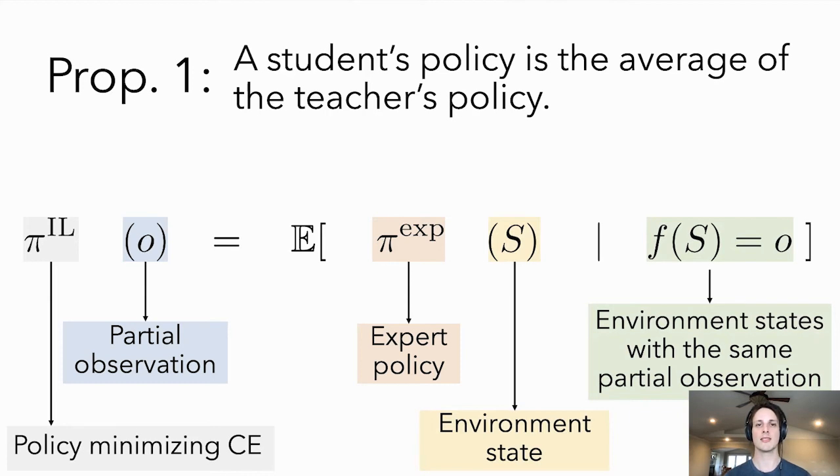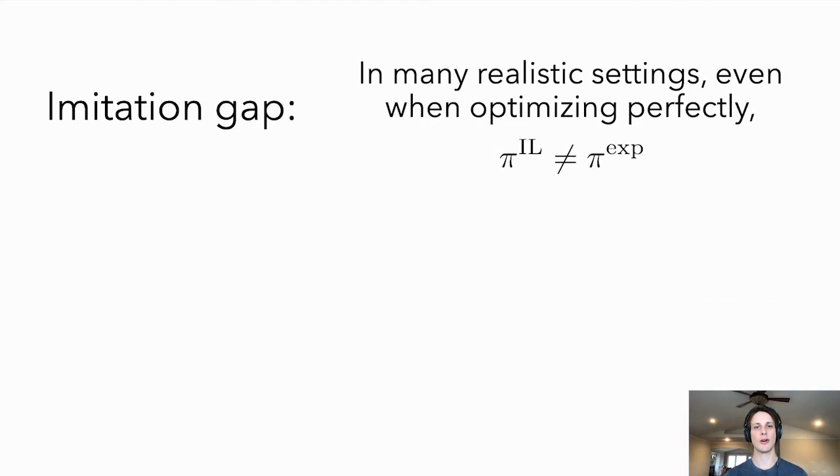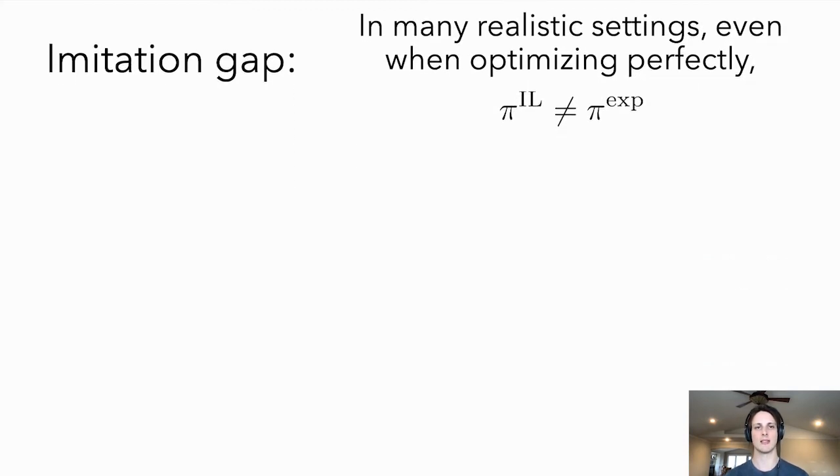In our original example, this means the student would never learn to consistently move in one direction or another. Thus, in many realistic partially observed settings, even with perfect optimization, it is possible that a student will fail terribly in imitating the expert. So what are some potential solutions to this?